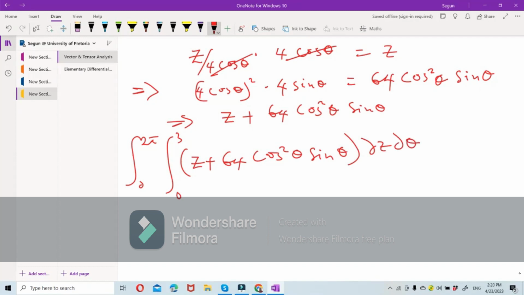When you do the one of the z, you have 0 to 2 pi, you have 9 over 2 plus 192 cos square theta sine theta, everything d theta. By the time you integrate this one, you have 9 pi.